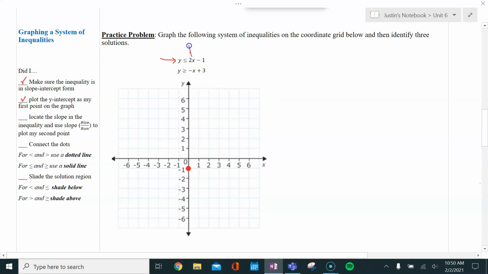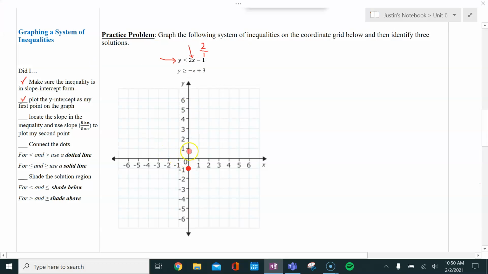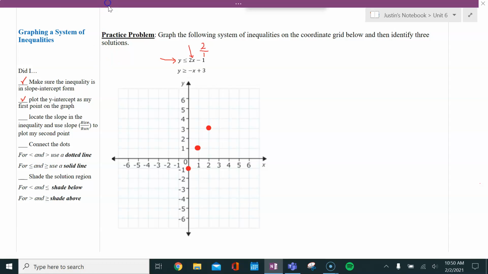Our slope tells us that we go up 2 over 1. If we look here, what number is attached to the x? It's 2. 2 is our slope, written as a fraction 2 over 1, which is our rise over run. So up 2 over 1, and you can repeat. Then we look at the sign to make sure what kind of line we're going to draw.